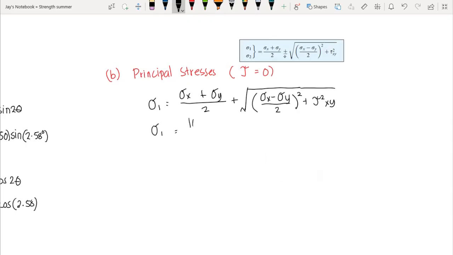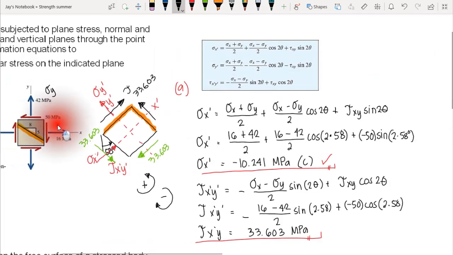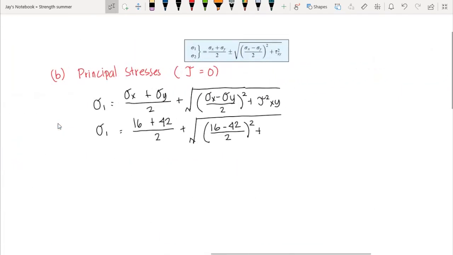Our sigma x is 16, our sigma y is 42 over 2 plus square root of, this one is 16 minus 42 over 2 squared plus our shear stress here, this is negative 50, correct? So this one is negative 50 squared. And this gives us our normal stress, which is equal to 80.662 MPa, megapascal, correct?